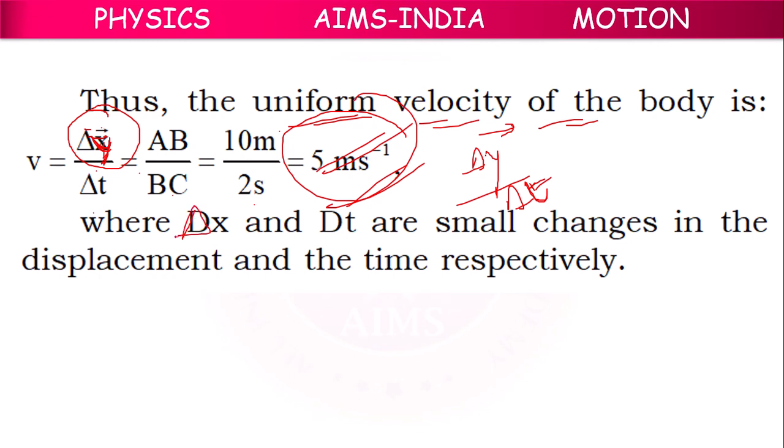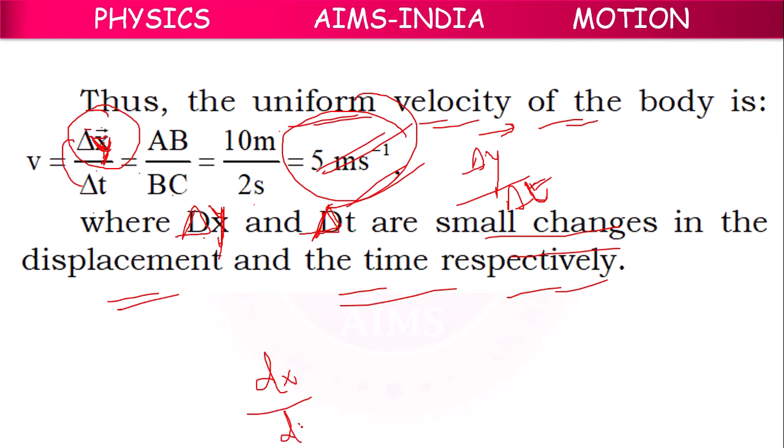Here, delta y and delta t are small changes in the displacement and time respectively. If the changes are very small, we can represent them with the symbol dx bar by dt, a very small change of displacement in a very small time interval.